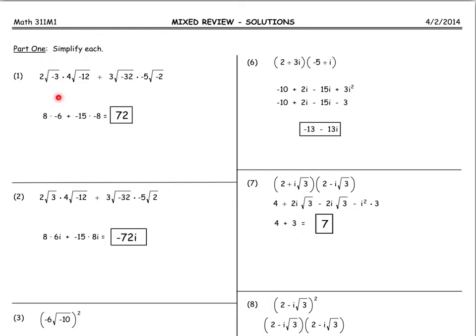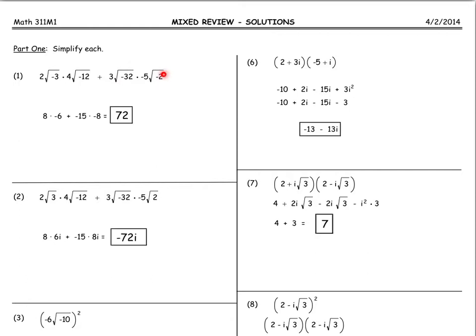Because this is a multiplication example, you just collect the 2 times the 4 times the negative sign from the i squared times the rad 36 is 6, and you get -48. Over here in the second half of the problem, the 3 times the -5 made -15. The i from here and the i from here made i squared, which is where the negative sign came from.